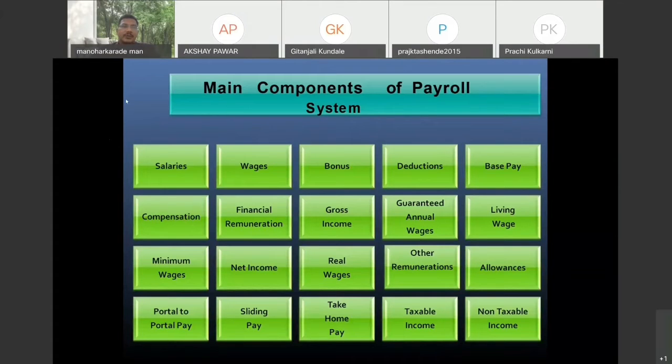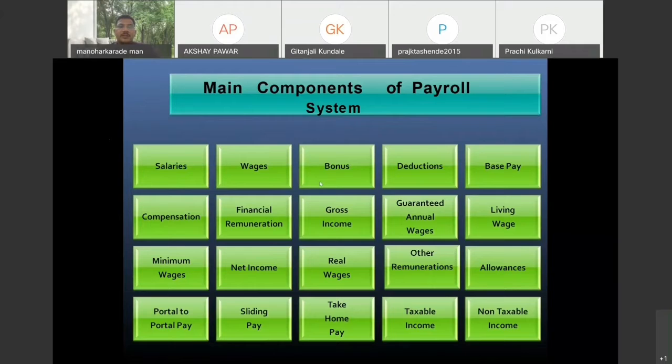So the basic components, the main components, first and foremost, salary and wages. For those workers who are on a contract and seasonal basis, or those who are on the muster roll, not permanent employees, will get some wages. Those who are contract based, according to the Contract Act 1972 as far as India is concerned.